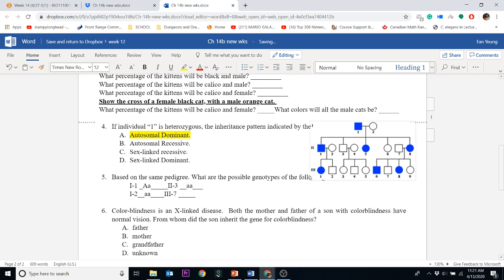What about 3, 7? Let's look at 3, 7. This is easy. 3, 7 is also normal.